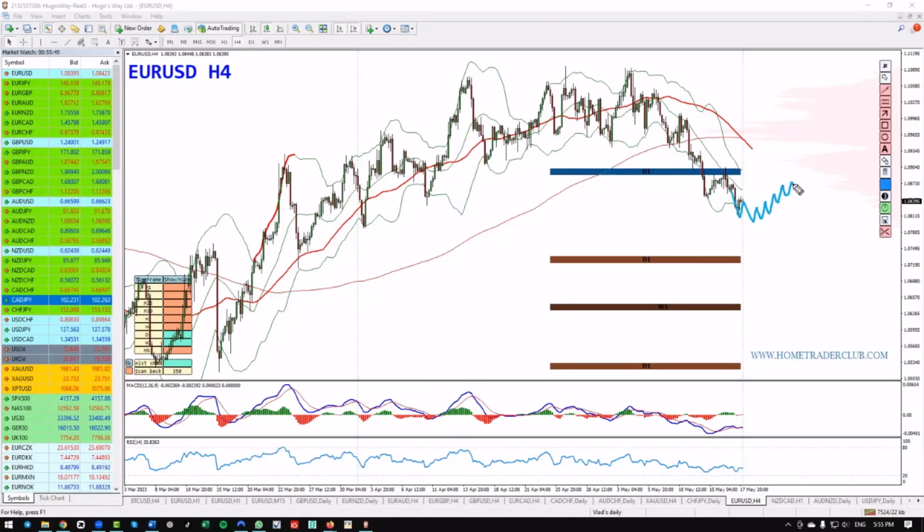It might go and dance here for a while. It could simply create some wrong lines. It might create some deeper ABCD with the correction, or any sort of ranging here for some time before it really manages to get the move happening to the downside.